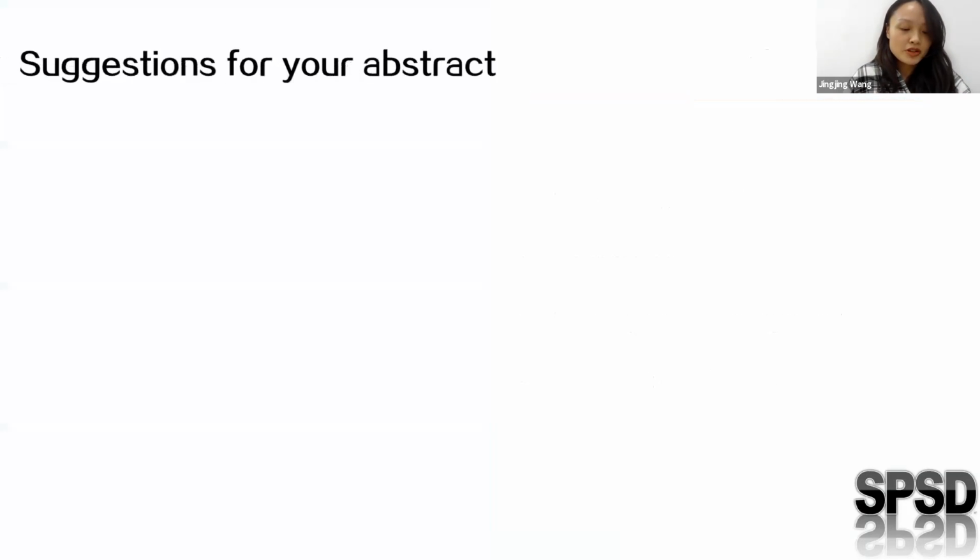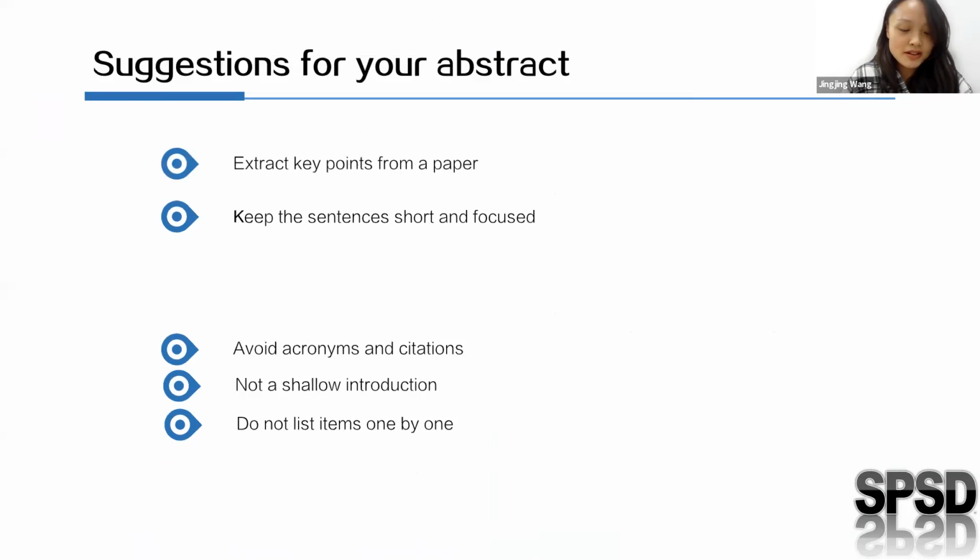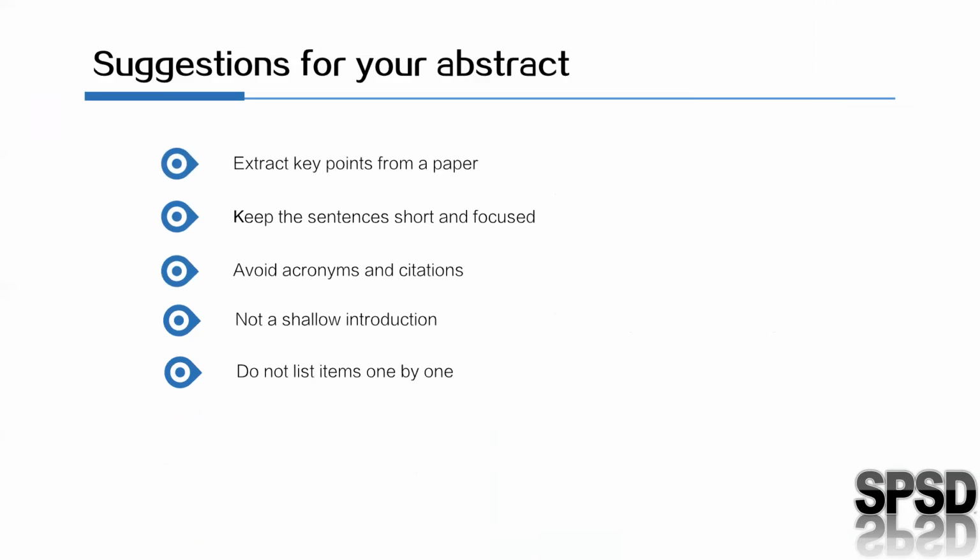When writing the abstract, it is about your ability to extract the key points from a paper of several thousands of words. You need to keep the sentences short and focused. And you have to avoid acronyms and citations in your abstract.